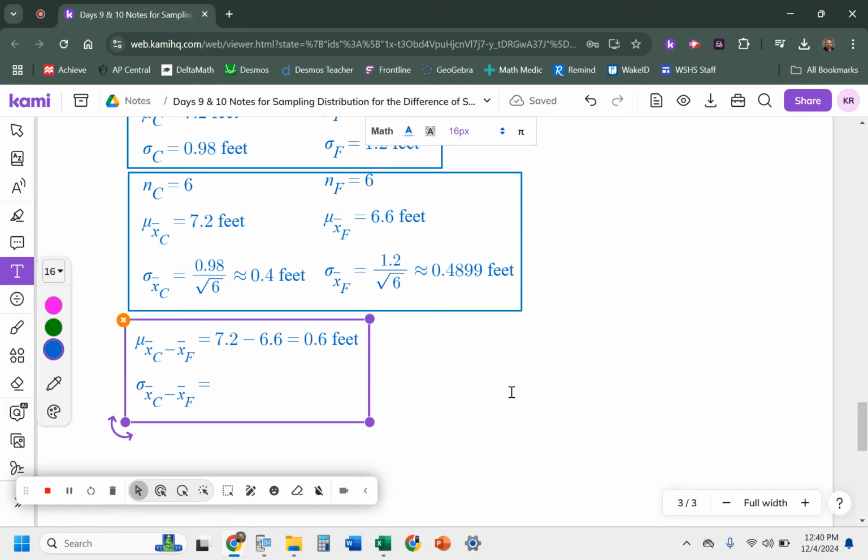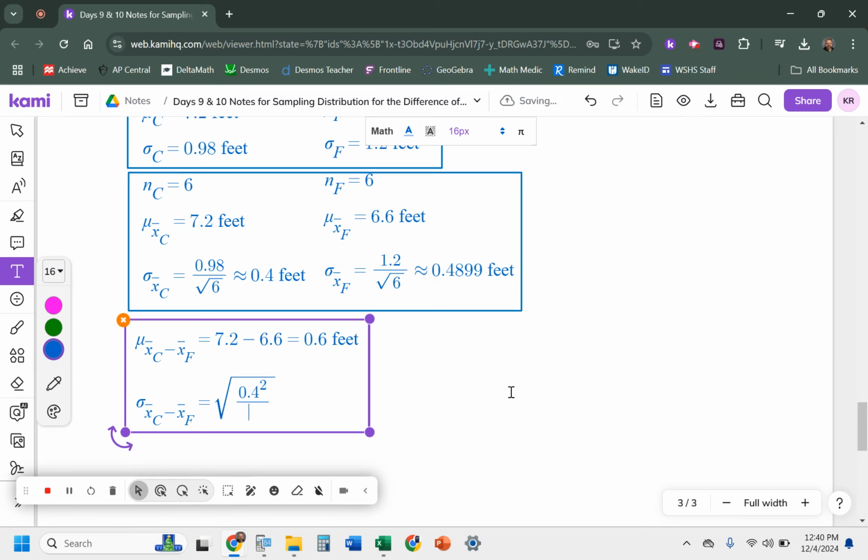So remember, for any combination, for standard deviation, I always have to add. Even though I'm finding a difference, I have to add. And so what we're going to do is take that standard deviation for the sampling distribution for the 6 waves from the California beaches, and square it to get my variance.